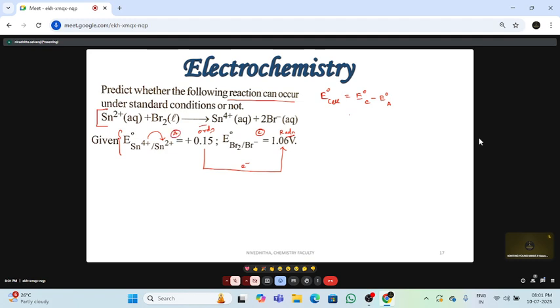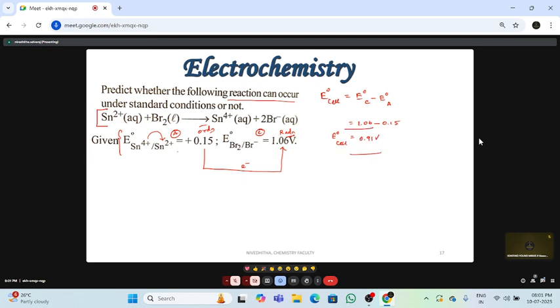Okay, so what is the cathode value? It is 1.06 minus anode value 0.15. So if you subtract 0.15 from 1.06, what is the E naught cell? As Sendamil Shelvan told, the value is 0.91. Right.